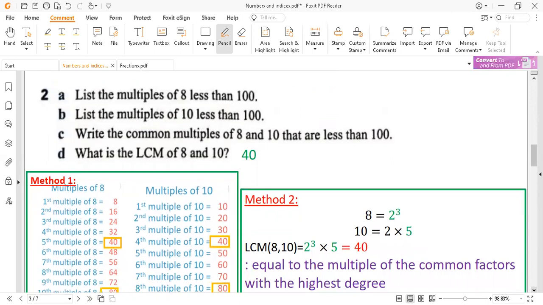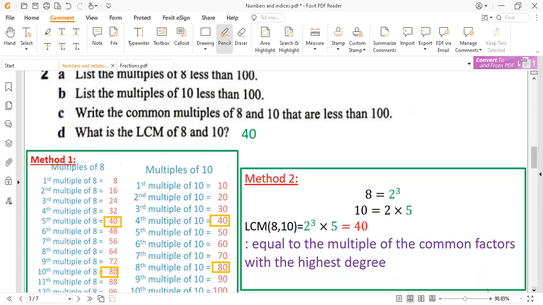The multiples of 8 less than 100 are 8, 16, 24, 32, like we found in this list or table. Also, if we want the multiples of 10 less than 100, 10 by 1, 10 by 2, it is 10, 20, 30, 40, 50, 60, 70, 80, up to 100.